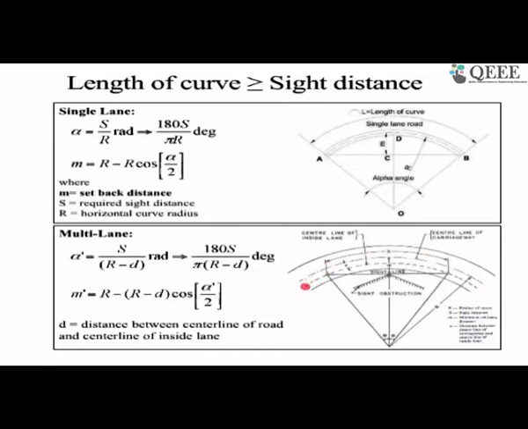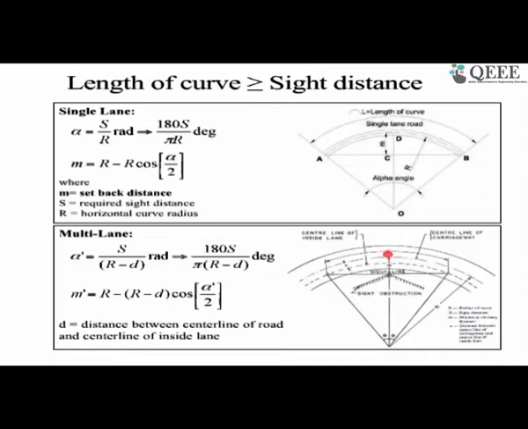The worst case is when the vehicle is in the inner lane on this side. Then the driver's eye or the vehicle center position is going to be the center of this lane. So in order to estimate the distance, this R is no longer going to be R, it is going to be R minus D. And what is D?